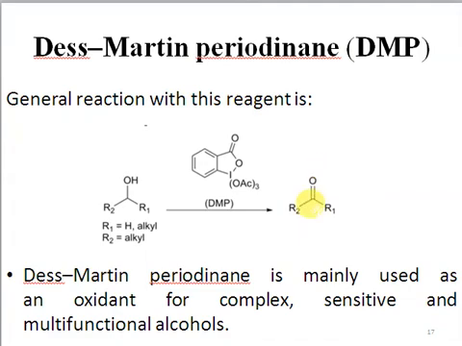So that's a special reagent, and it's normally used when your substrate is very complex, sensitive, and has a large number of sensitive groups and a number of alcoholic groups. Then you can use DMP as a reagent, right?